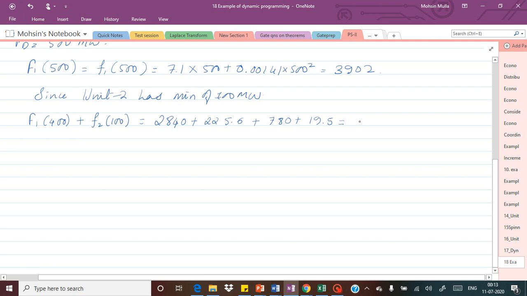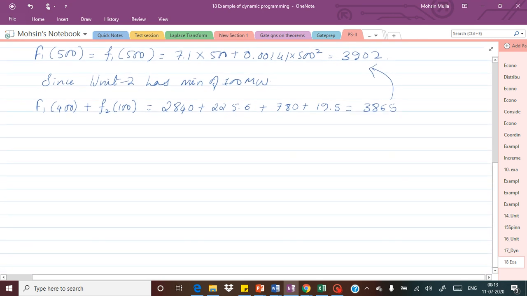Totally when we add this, we get 3865. So this is comparatively smaller. Compared to 3902, again we are using the same 500 value, but here we are using the combination of the two, not the single unit.